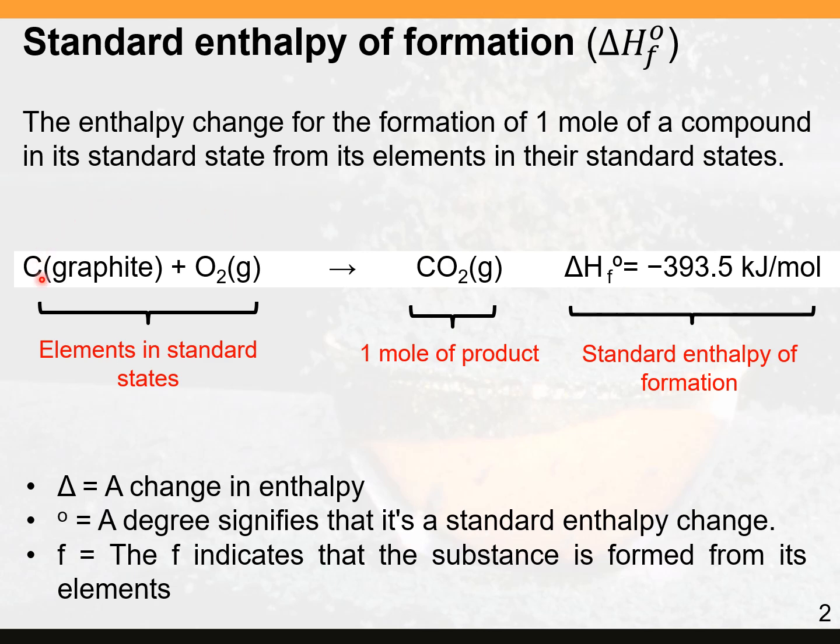Because the elements are assumed to have zero enthalpy, the enthalpy change of the reaction gives the enthalpy of formation of the product, the compound. In this notation, delta shows the change in enthalpy. The degree sign signifies that it's the standard enthalpy change, and F indicates that the substance is formed from its elements.